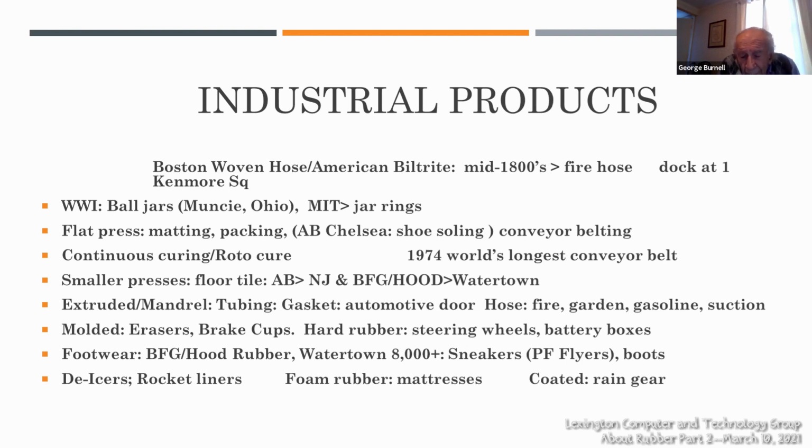Hose. We talked a little bit about the fire hose. Garden hose is a combination of your extruding rubber into a fabric tube that's woven at the same time that you're extruding the rubber around the perimeter. You're doing the weaving. Gasoline hose. I got a little story about that, but I think we're out of time. And then suction hose.